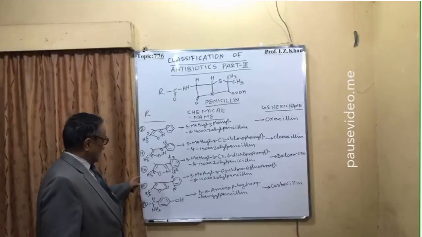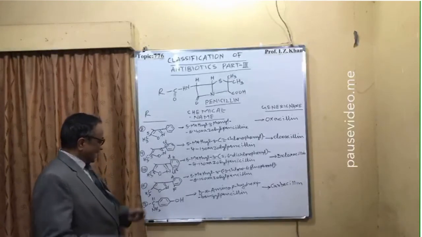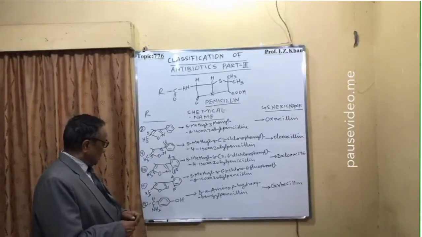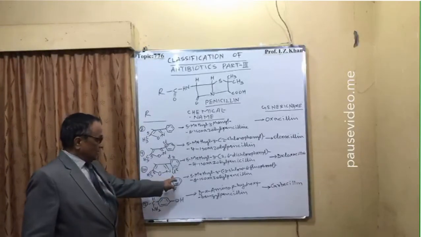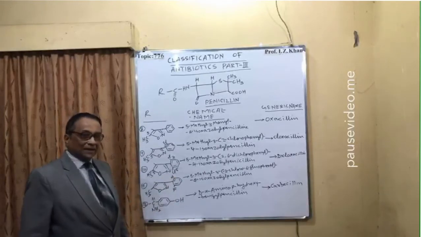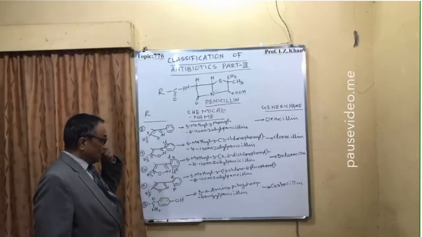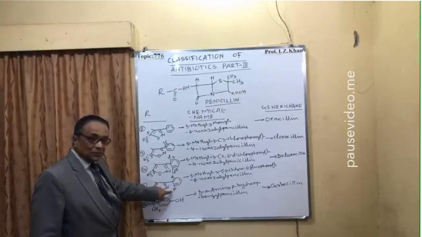Then number 11. In the case of number 11, they are all the same. The only difference is that in your phenyl group aromatic ring, at position 2 there is chlorine, and at position 6 there is fluorine.